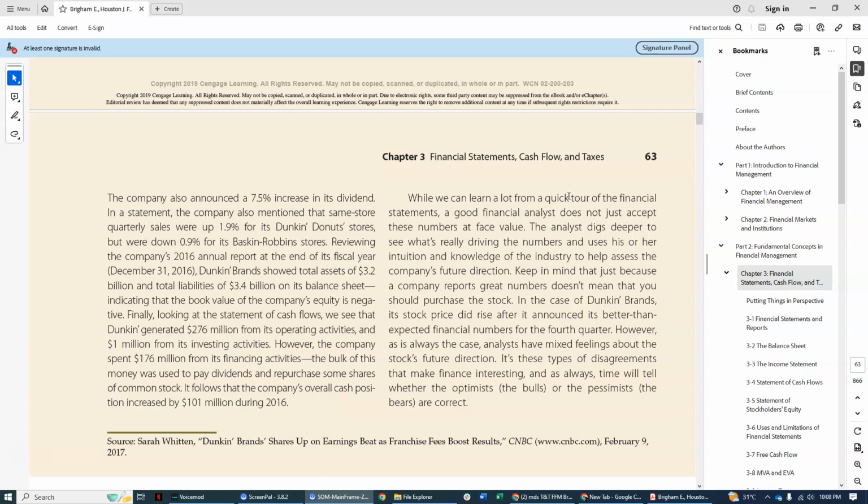We don't know how the investors think about that. Every investor has different ways of analyzing. So what we can learn from this quick tour of their financial statements is that sometimes we don't rely on the face value of what is declared. Face value is those figures that we can see from their financial statements.